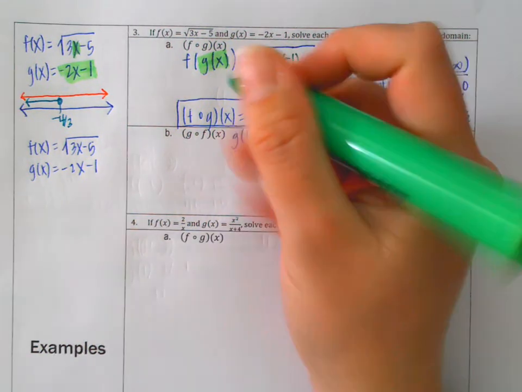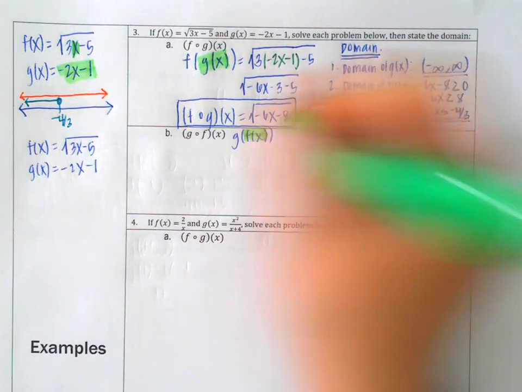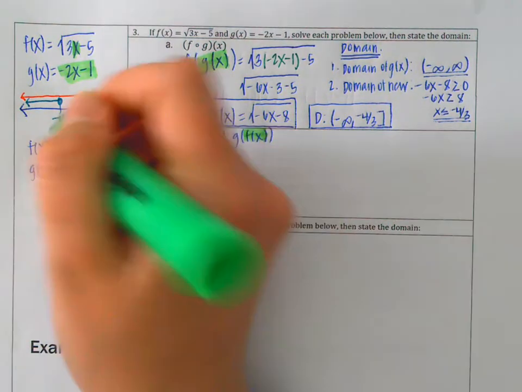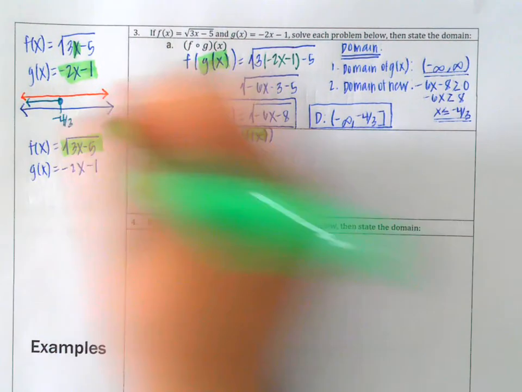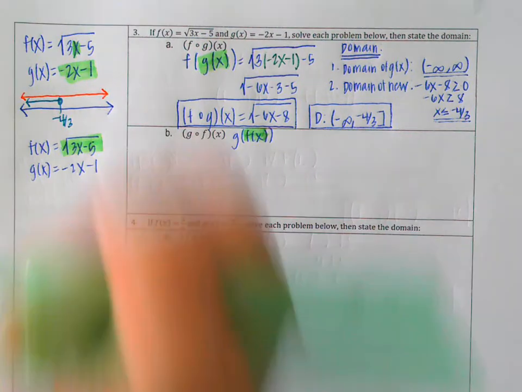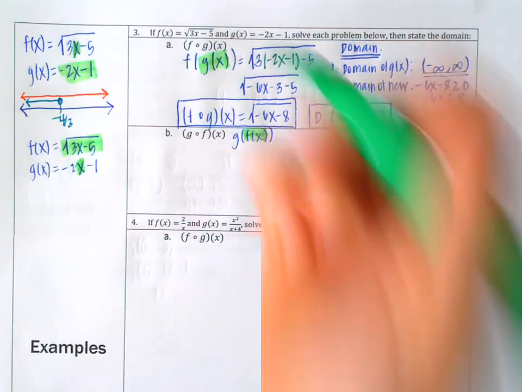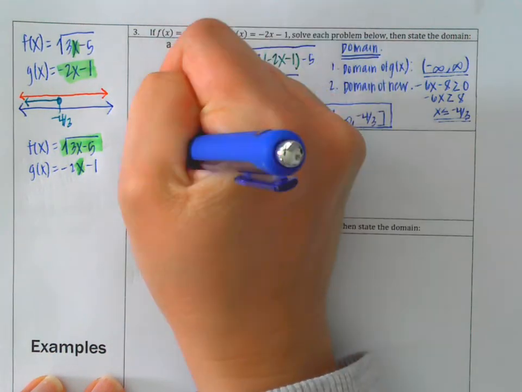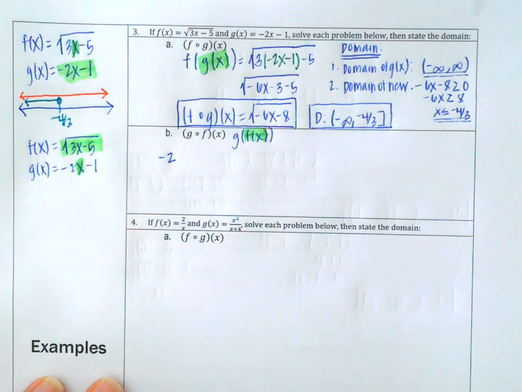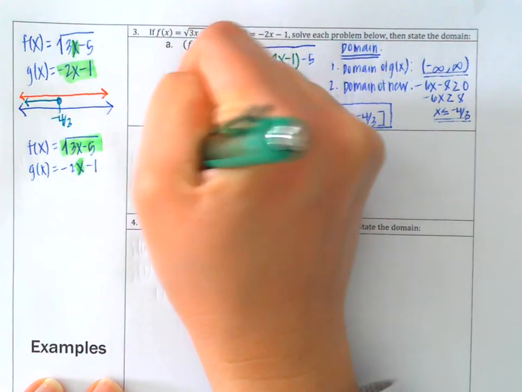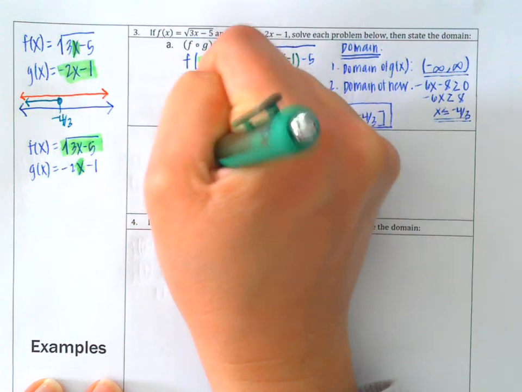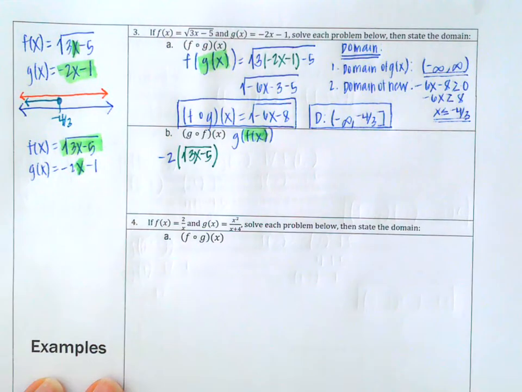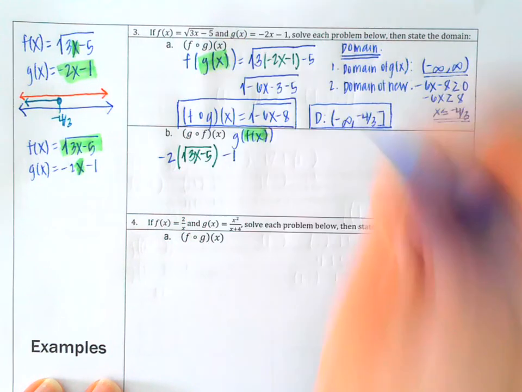Okay, so we are inputting f of x, the entire square root of 3x minus 5, into g. Wherever there's an x there, we're going to input it. So that's going to be negative 2, and then in for x, we're going to put the square root of 3x minus 5, minus 1.